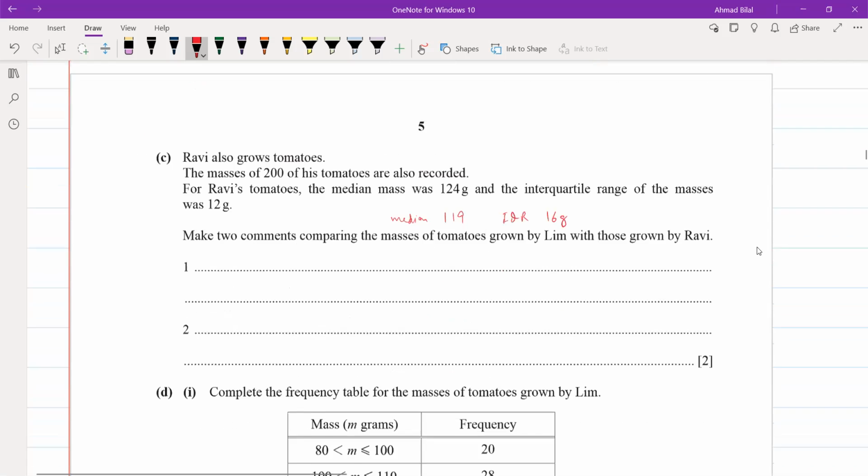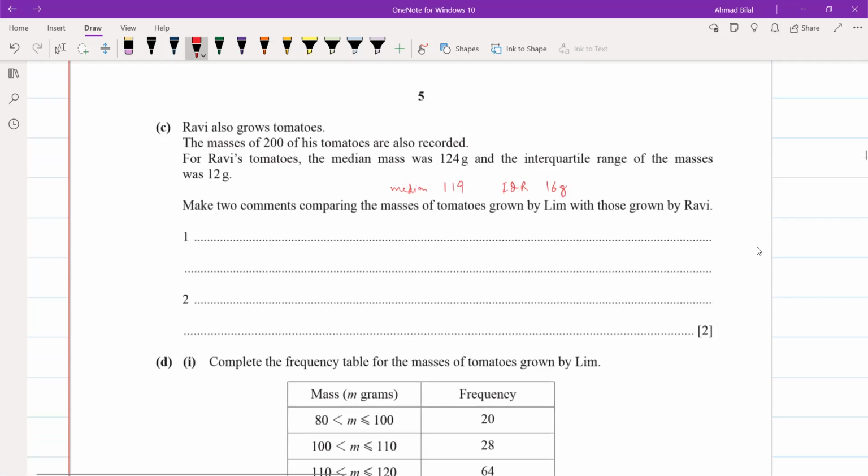Okay. अच्छा, ये median क्या बताता है कि on average, so median is a measure of average, right? Central tendency की measure है कि तकरीब on average आपके पास कितने masses आ रहे हैं. ठीक है, so आप यहाँ पे क्या कहोगे? On average, you can say जो आपके रवि के टोमेटोज हैं उनका मास 124 है, जो लिम के टोमेटोज हैं उनका मास ऑन एवरेज 119 है.